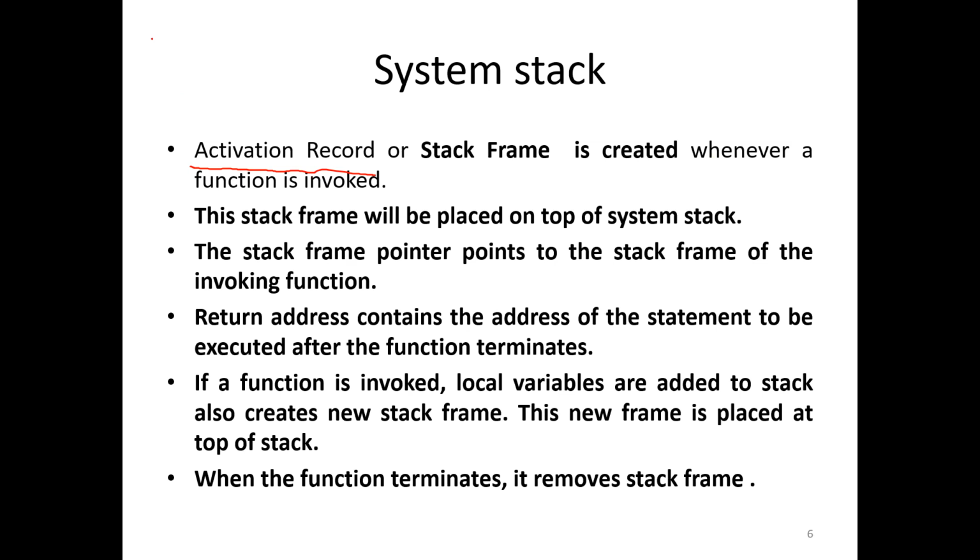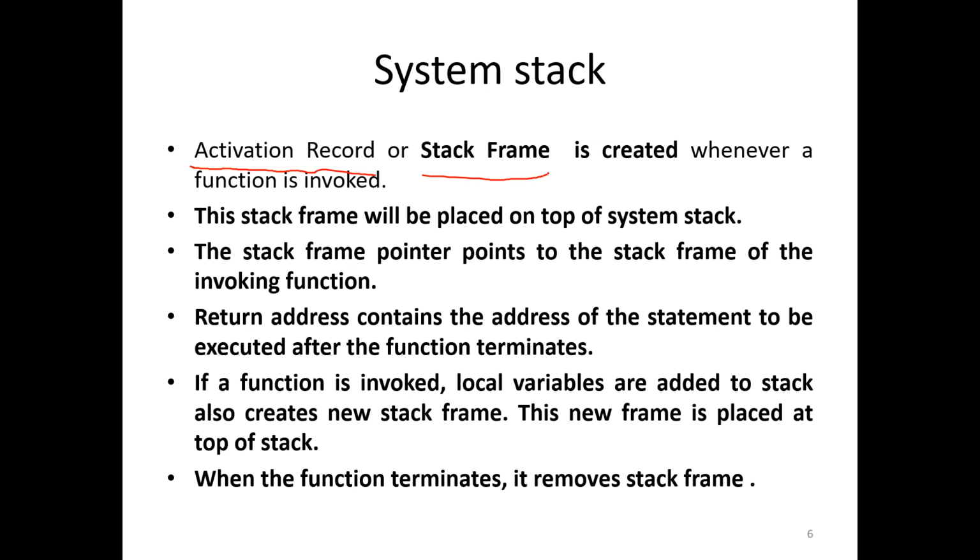So when main is invoking function f, at that time a stack frame has to be created. Where is the place for that? The system will keep aside a part of memory for this purpose. That memory is called stack memory, stack frame, or system stack. It is not at all used by the user program.